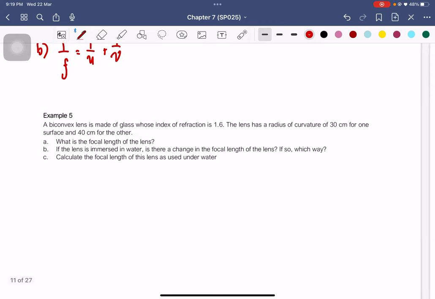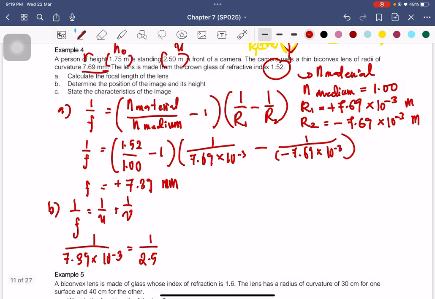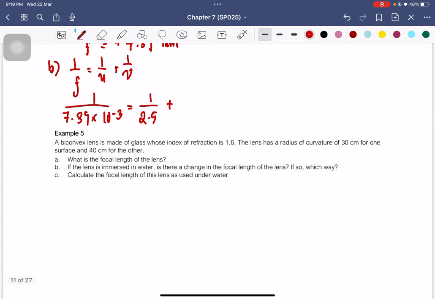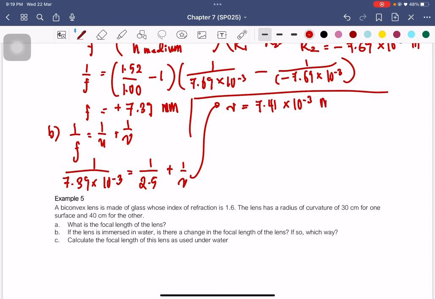Okay, so we already have the focal length, which is 7.39 millimeter, equal to 1 over 2.5 plus 1 over v. So from here you will get the image distance to be equal to positive 7.41 times 10 to the negative 3 meter.